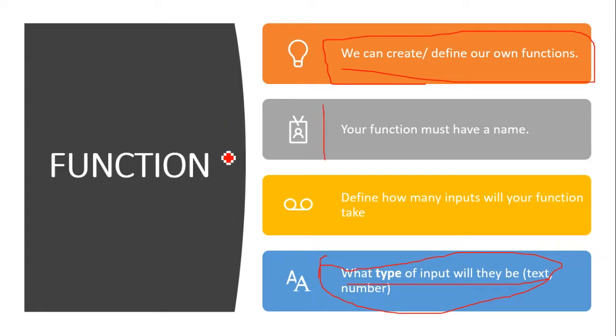Secondly, we must give it a name so that it's easy for us to call it or to remember it. If you want to use it, you need to remember how you are going to call that function. Thirdly, you need to define how many inputs your function will take. And lastly, the type of input that we need in your function.